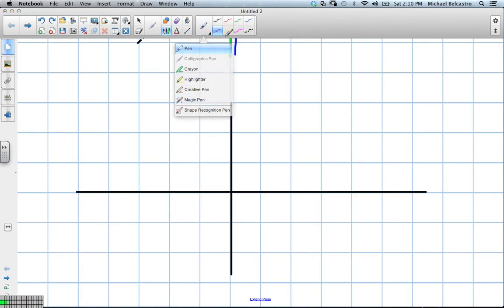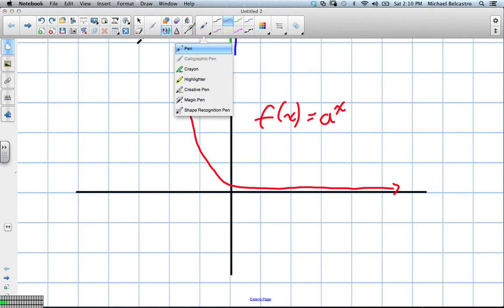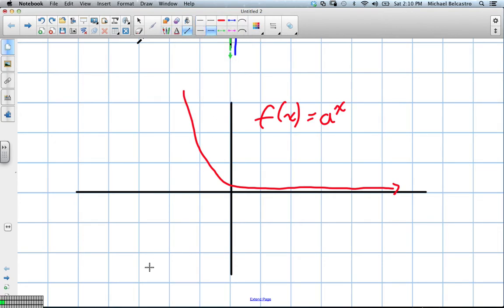Exponential decay is when we're coming down and then getting ever so close to the x-axis but never really touching it. It's the same idea. This is still f of x is equal to, say, a to the power of x, right? Well, because this is the inverse of this function, it's the same type of idea. We're flipping it, okay? This one still had a horizontal asymptote on the x-axis.